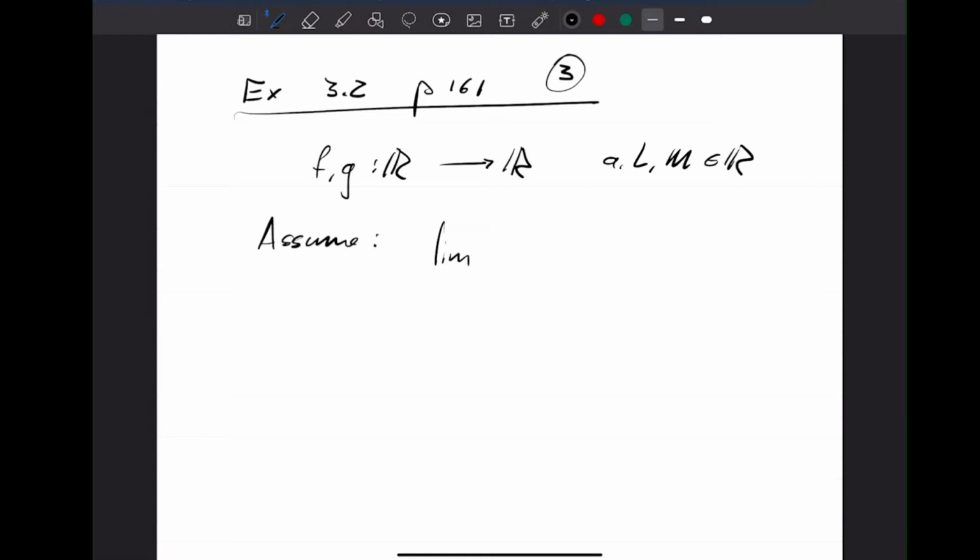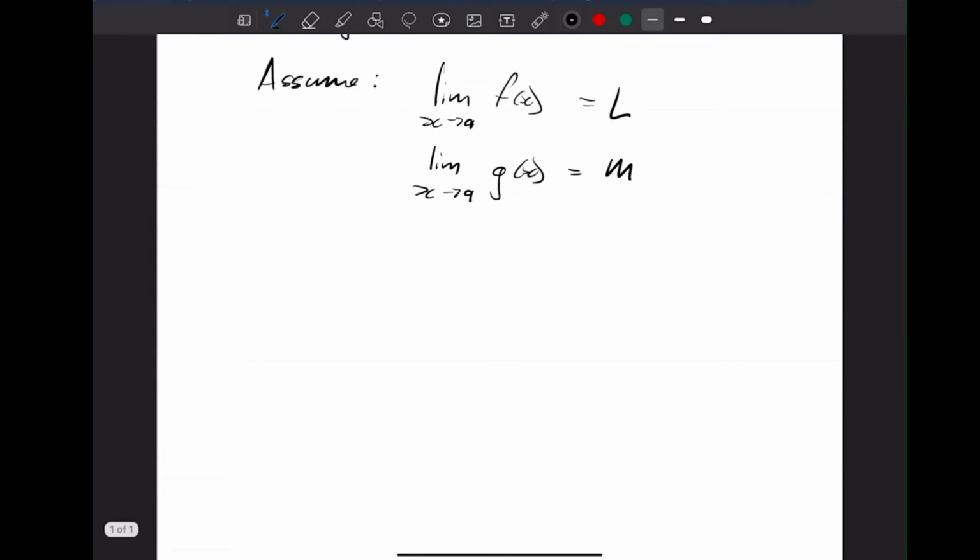So the limit as x tends to a of f of x is equal to L. The limit as x tends to a of g of x is equal to m, and L is less than m.